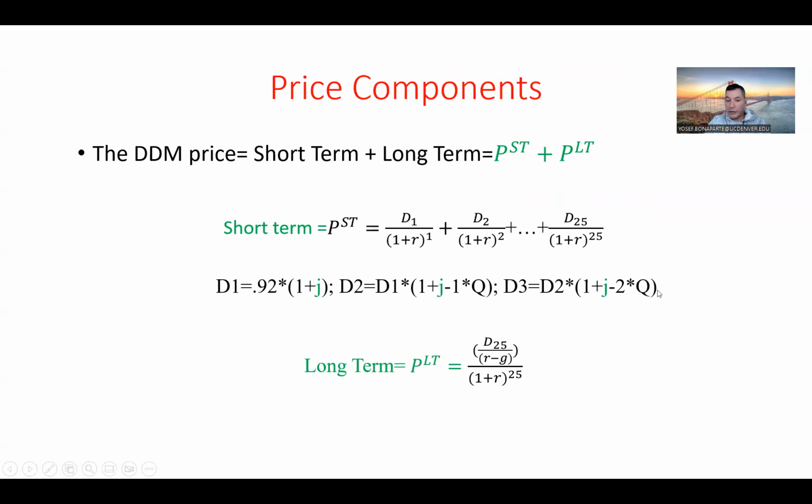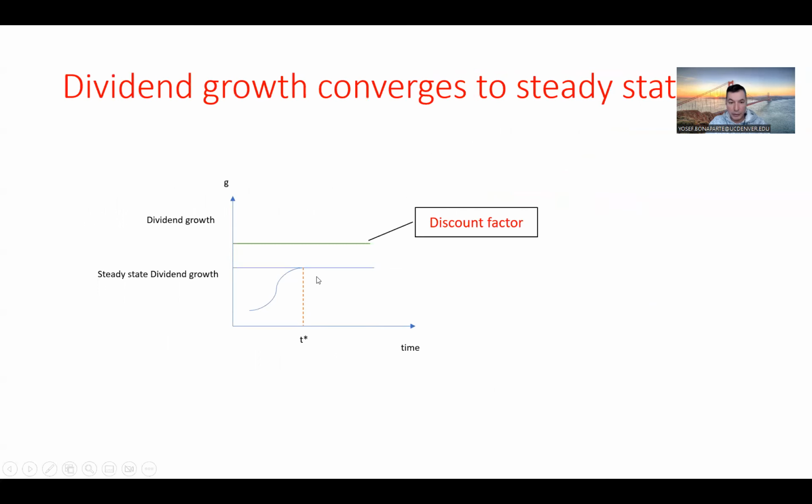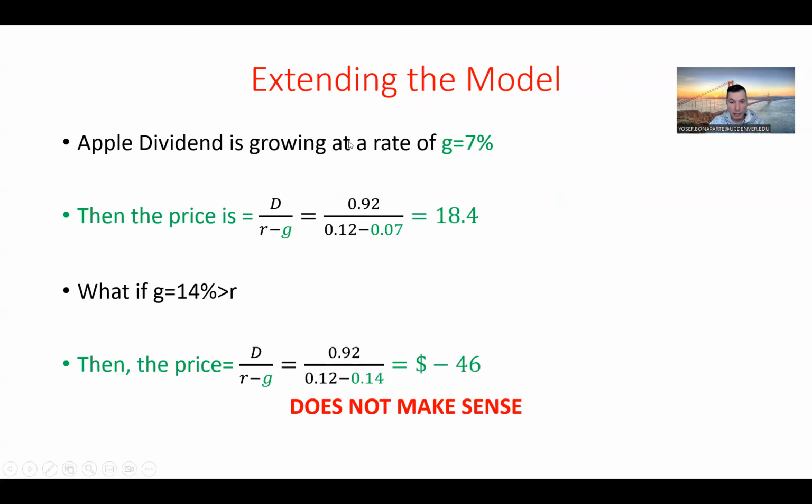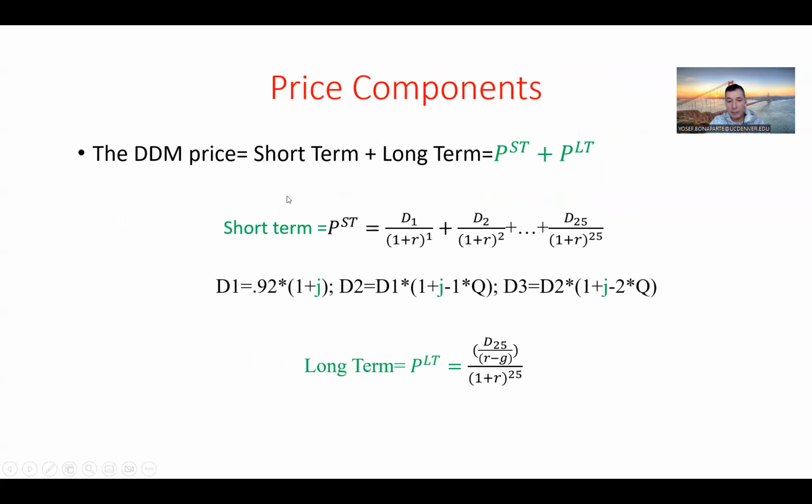And then D2 is this, and this is the formula. The long term is D25 divided by R minus G: if you are here and your dividend growth is stable, then the price here will be D divided by R minus G, which is this formula. But then we also need to discount that by 25 years. So this is the model.